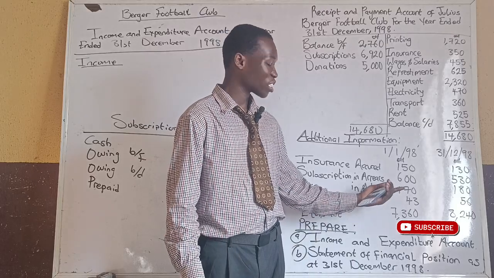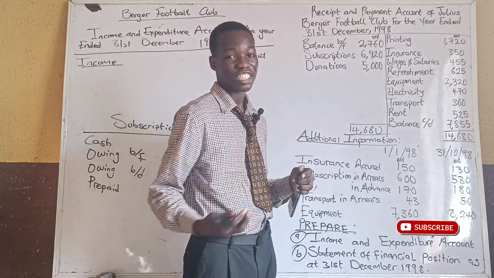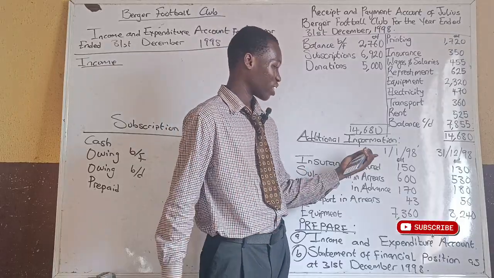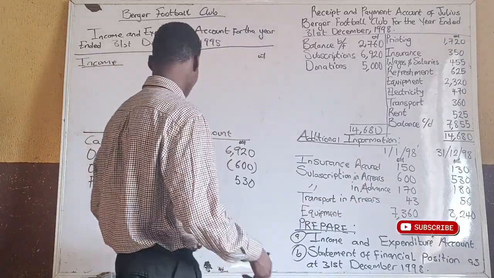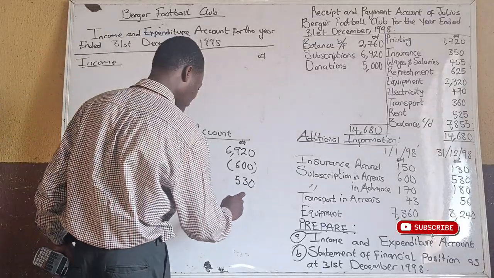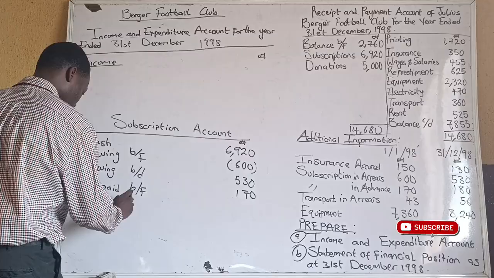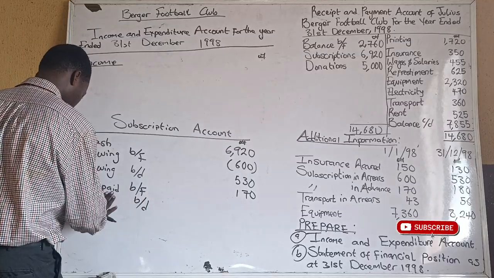So this amount 170 was paid at the end of last year. This simply means that it's for this year, which is 1998. That's why you can see it at the beginning. So we are going to add it, and that is 170.